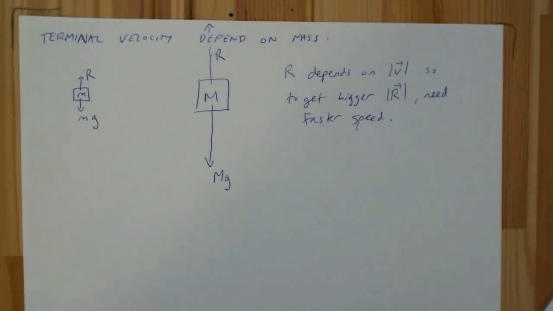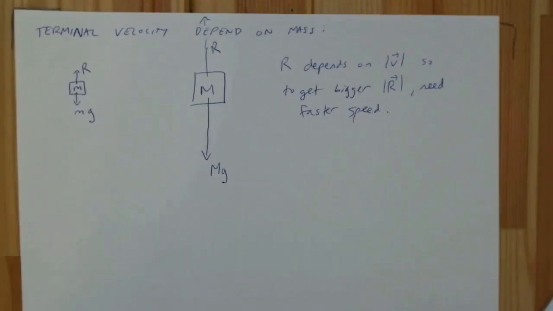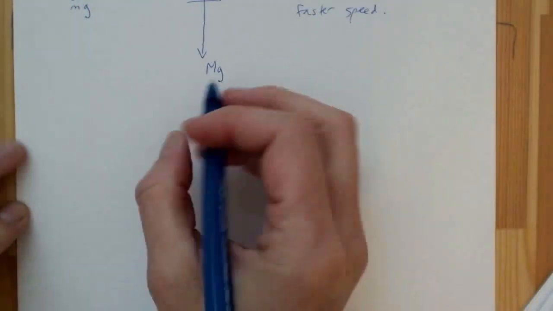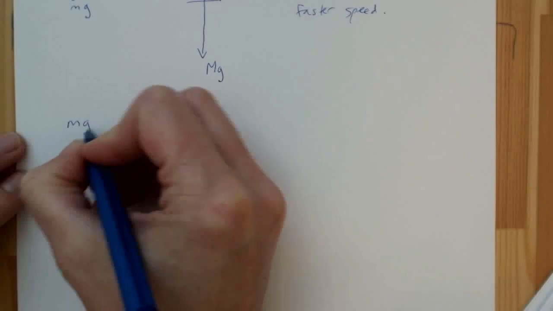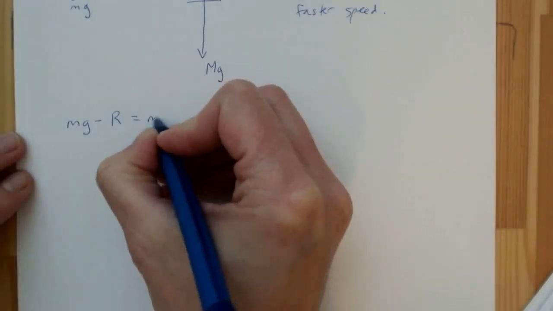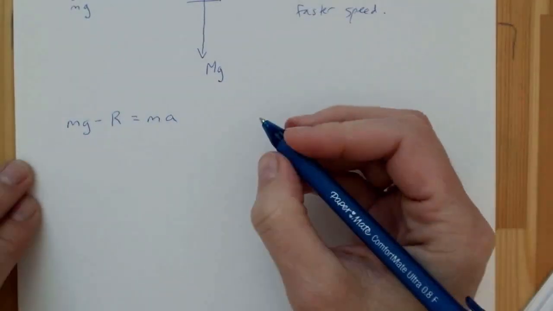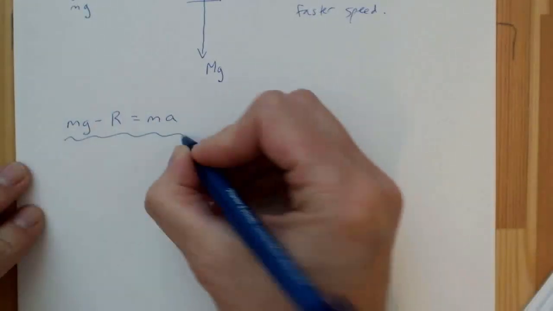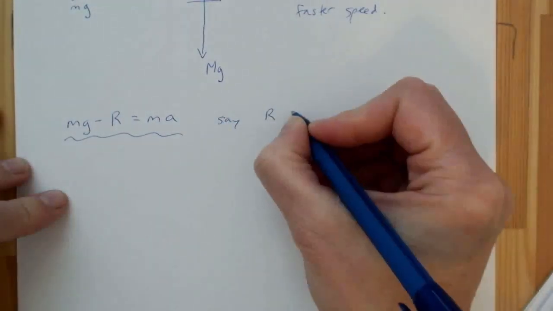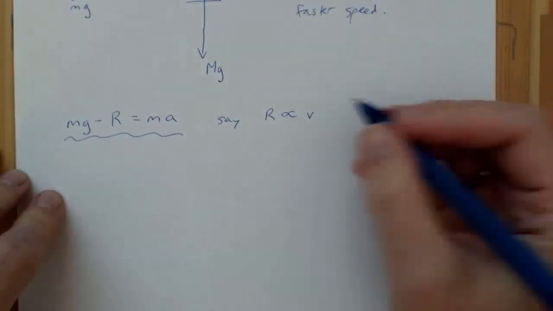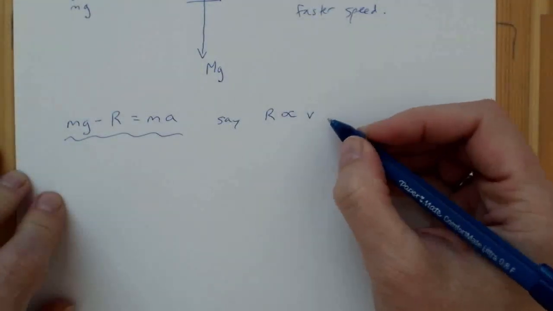Alright, so now we can actually talk about the equations of motion for an object that is experiencing air resistance. And if we look at these, we've already written down that mg minus R is equal to the mass times the acceleration. So what we can do is say that R is proportional to v, so the case of something falling slowly.